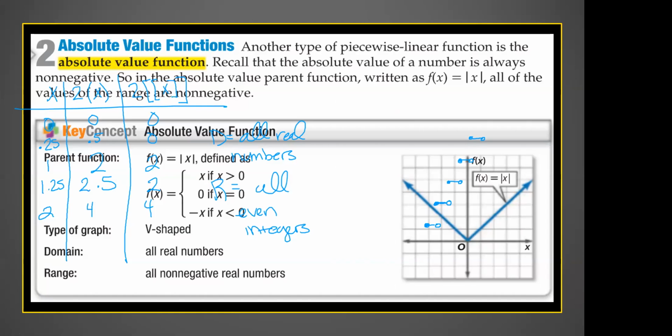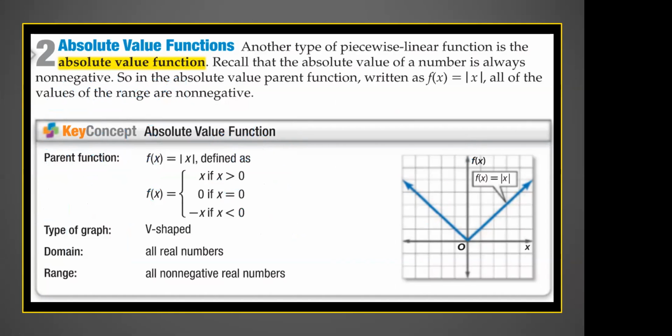Another type of special function is the absolute value function. These graphs are V-shaped. Usually the domain is all real numbers and the range is all non-negative real numbers, because remember, you cannot take the absolute value of something and get a negative value.